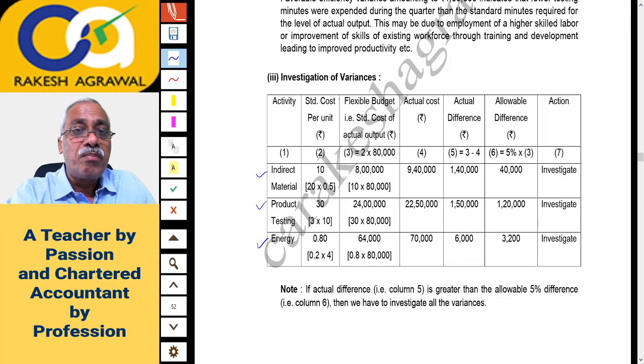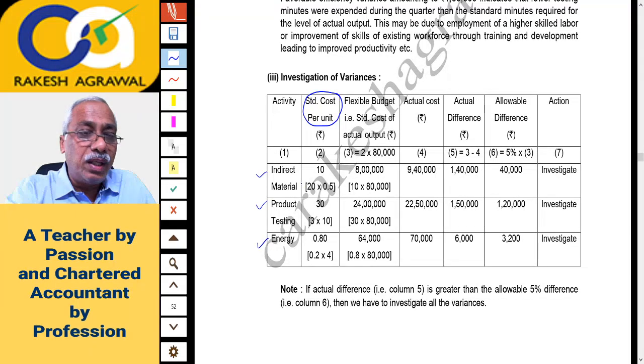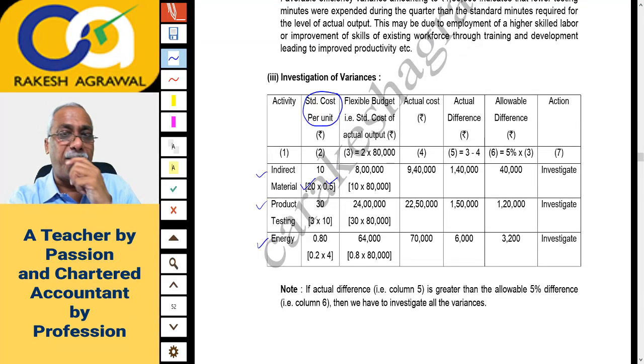One activity. I am calculating standard cost per unit of output now. Standard cost per unit of output. For example, for indirect material, the rate is given to you as 20 per kg, and you need 0.5 kg to produce 1 unit of output. So standard quantity into standard price.